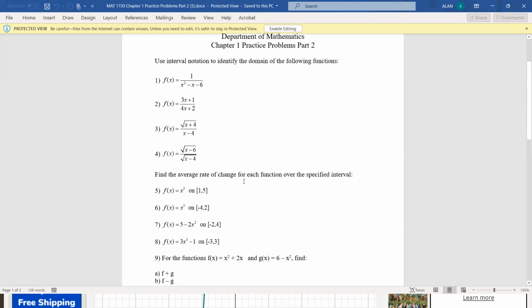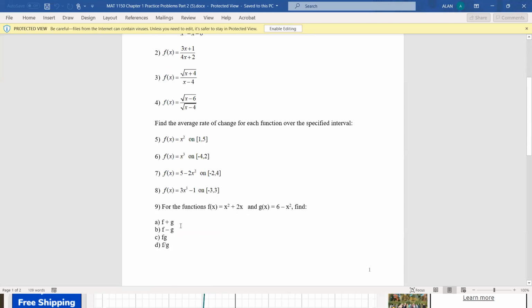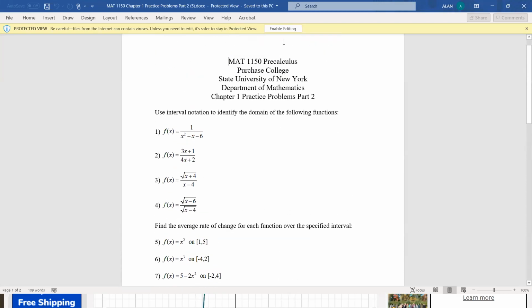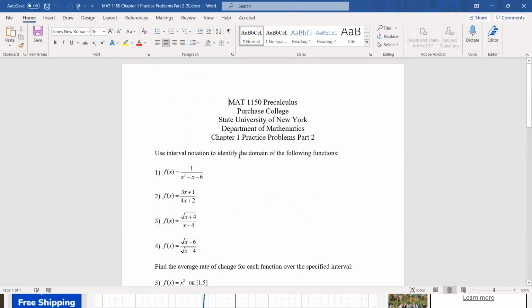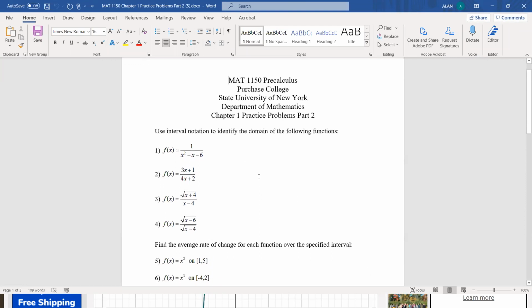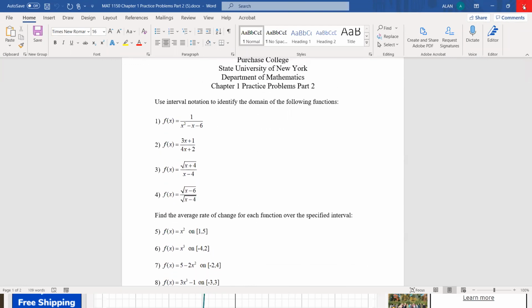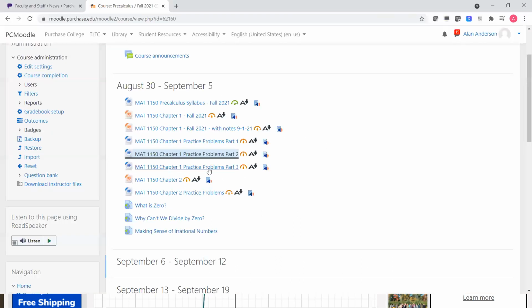This is average rates of change. Here you're doing the simple operations. You're adding, subtracting, dividing, and multiplying. You should have zero problems here. Remember with the domains, just avoid numbers that give you division by zero or the square root of a negative number. Now, it's number 3 that I wanted to really look at.